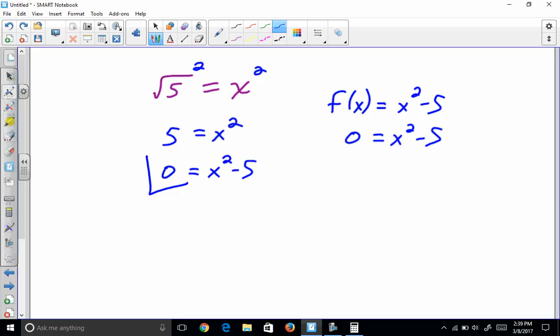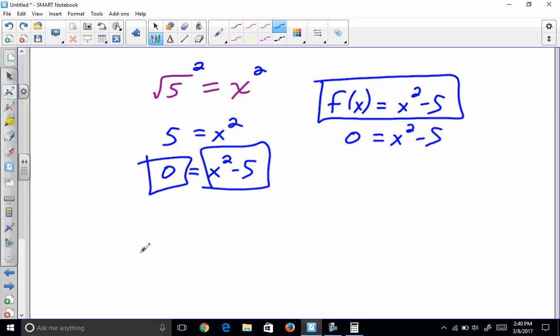Notice that's why we got a 0 over here, because Newton's method is designed to find what makes something equal to 0. So if we set this equal to 0, we can say this is our function. We're finding out what makes that equal to 0. The reason we squared both sides is so that our polynomial we ended up with didn't have a square root in it.